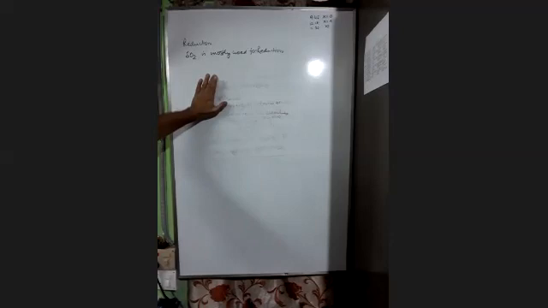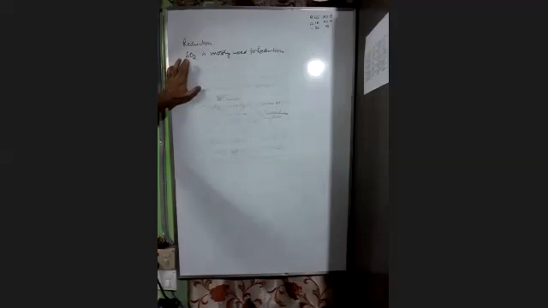See, sulfur shows oxidation states of -2, 0, +2, +4, +6. And as I told you, when you go down the group, the higher oxidation state is less stable. That is, the elements at the top are more stable in the highest oxidation state. In sulfur dioxide, sulfur has an oxidation state of +4.